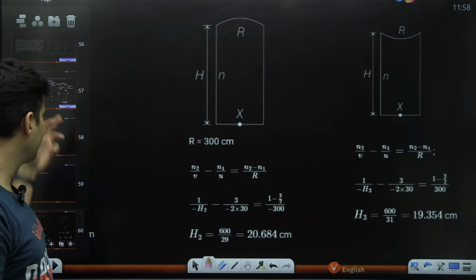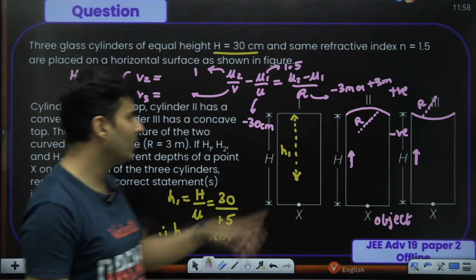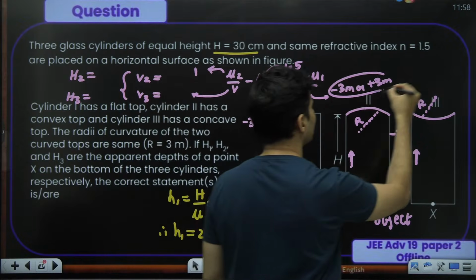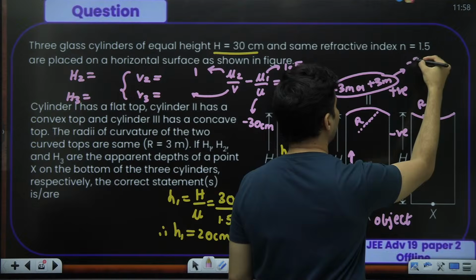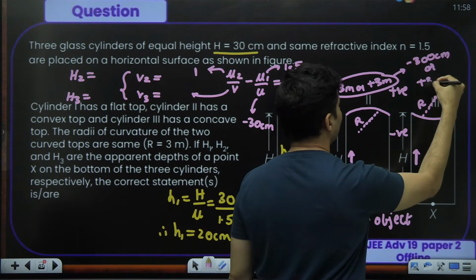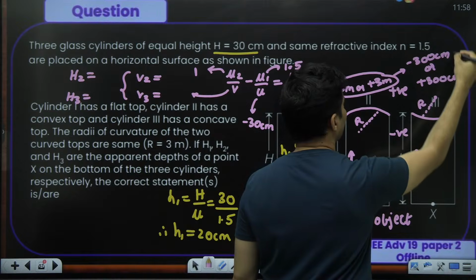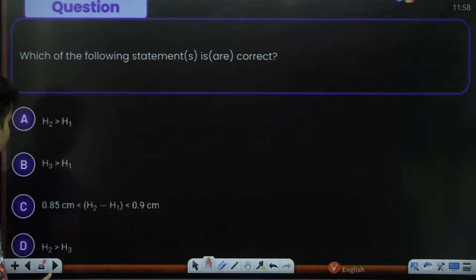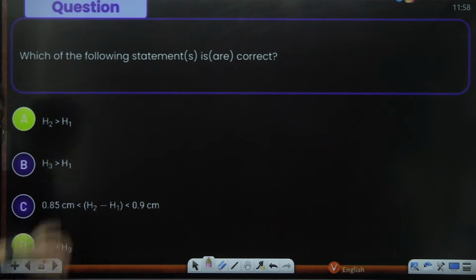Remember that R is in meters, so make sure you convert that into centimeters. Minus 300 centimeters, and the last time it will be plus 300 centimeters. That's it. You will get two images, and accordingly you will be able to mark the correct answers.